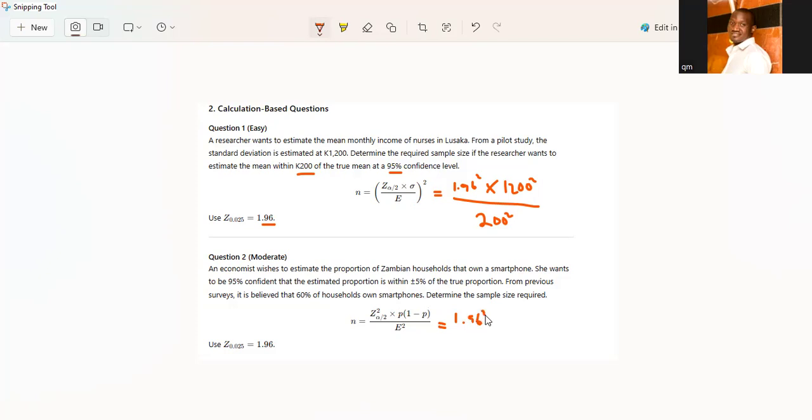Then our proportion, 60%, so 0.6, meaning our Q is 1 minus P, so 1 minus 0.6 is what? 0.4. That's where the difference is, you can see. Then our error is plus or minus 5%, so here 0.05, since it's a percentage.